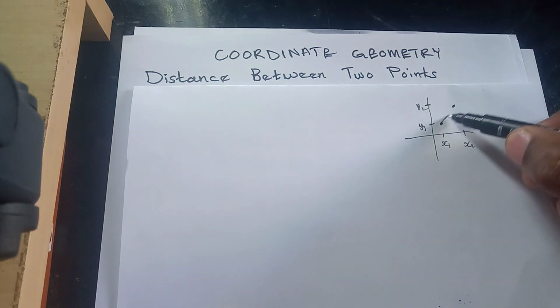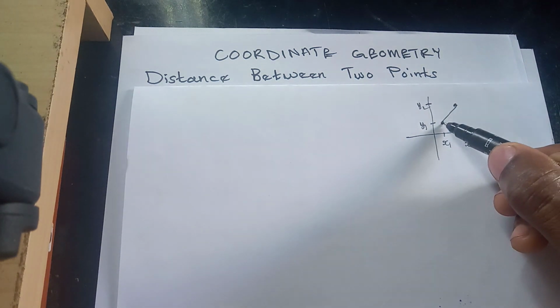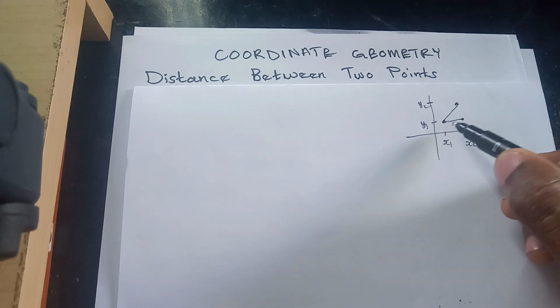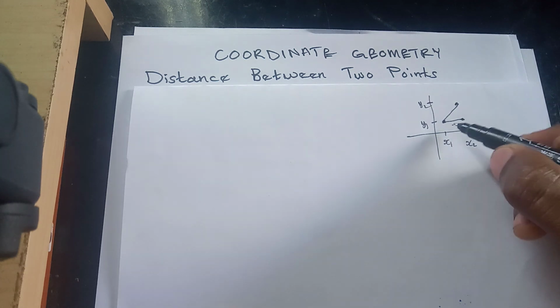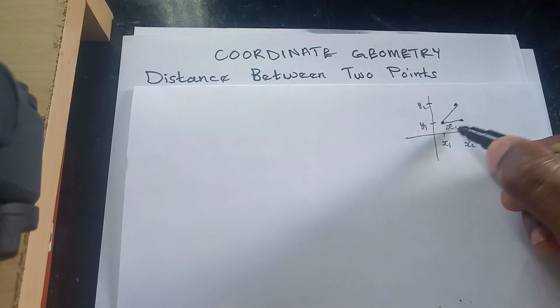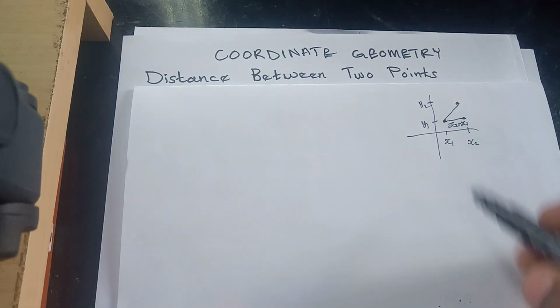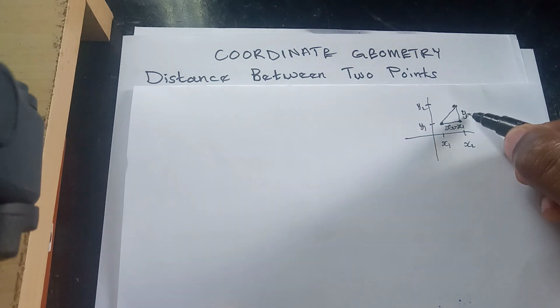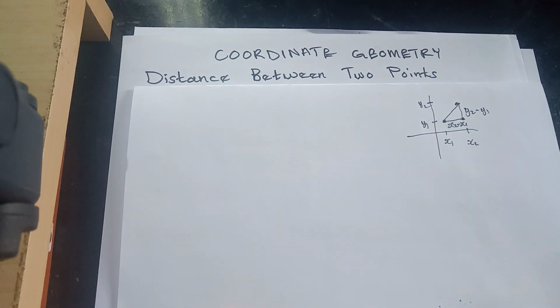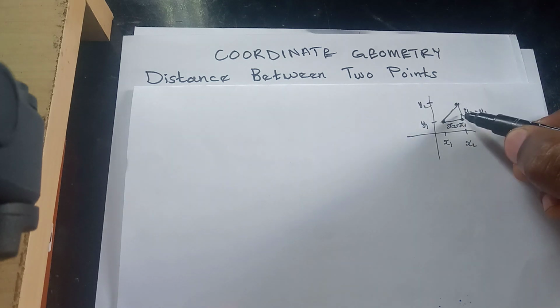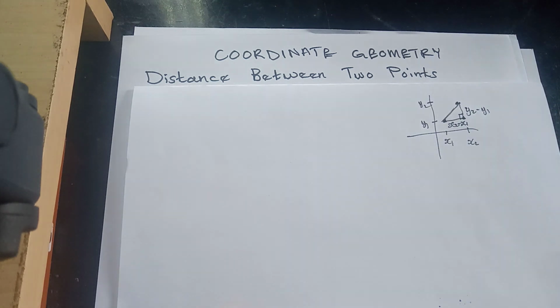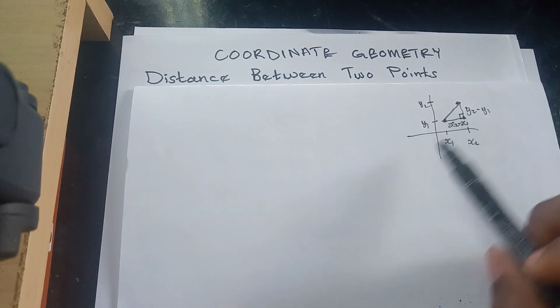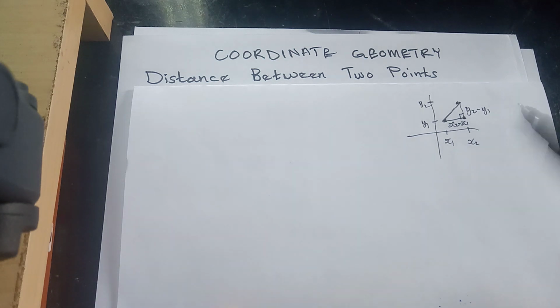So to find this distance, you can start by finding this distance here. The distance from here to there is x2 minus x1. And then the distance from here to there is y2 minus y1. To find this distance, and remember that this is a right angle, you can simply apply the Pythagoras theorem.